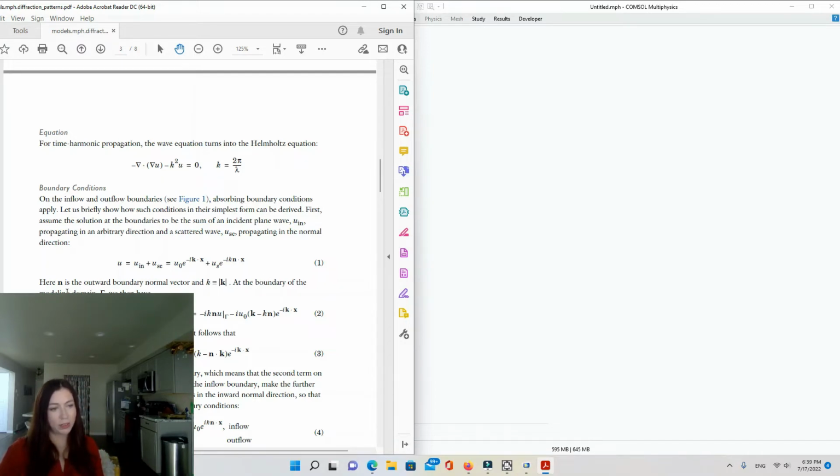Here, n vector is the outward boundary normal vector, and k equals the absolute value of the k vector.